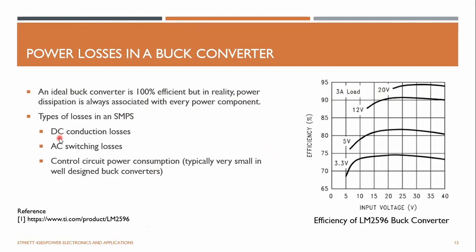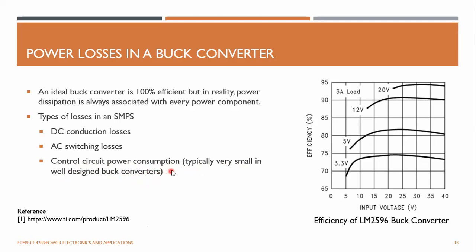The three forms are the DC conduction losses, the AC switching losses, and the control circuit power consumption. Any buck converter needs error amplifiers, a feedback network, and everything. So it also consumes a little bit of power, but typically it is very small in a well-designed buck converter.